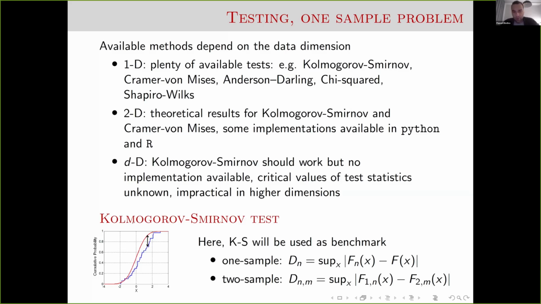Let me mention the Kolmogorov-Smirnov test. Over here we have a cumulative distribution function, which is the nice, smooth red curve. And we are building an empirical distribution function based on our sample, which is the blue curve. And the value of the statistic is just the L infinity distance between those functions.